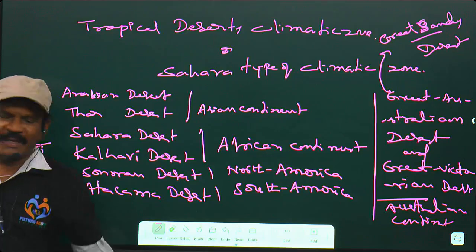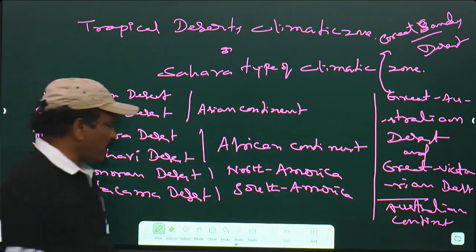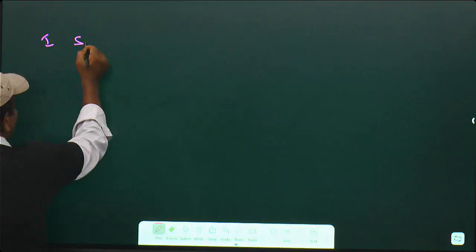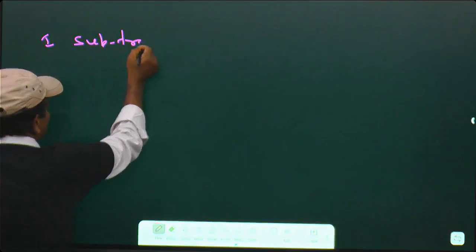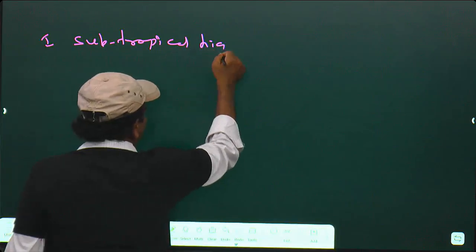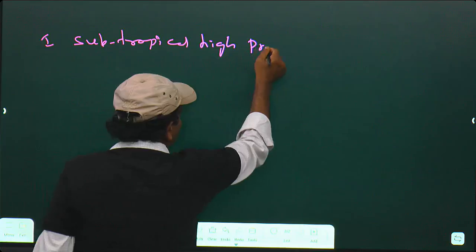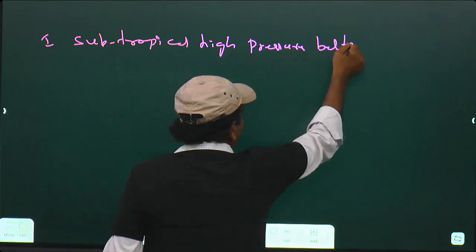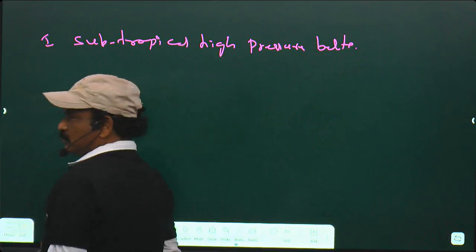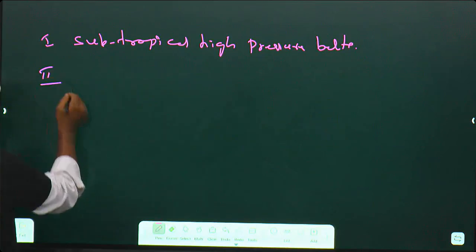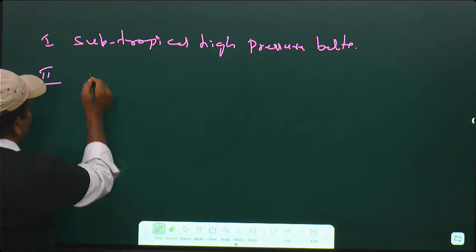Point number one is the subtropical high pressure belts. The second one is offshore trade winds.